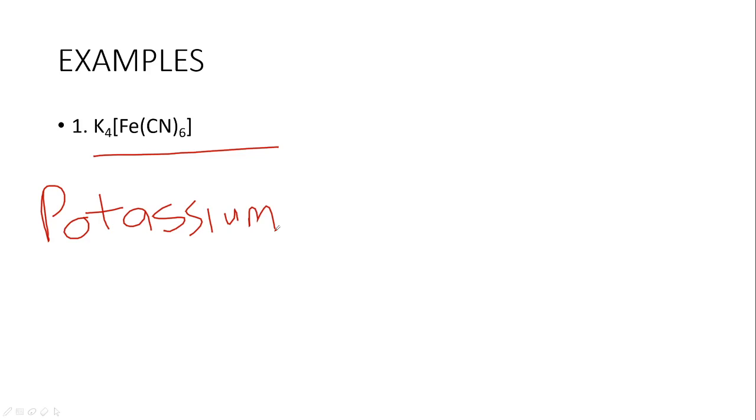If it's an anionic ligand such as CN, instead of ending with the normal ending, it ends with O. So this cyanide will end with O. Since there are 6 molecules of cyanide, it's called hexa, just like your penta, tetra. So it is hexacyano.